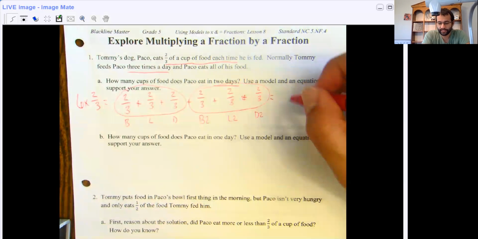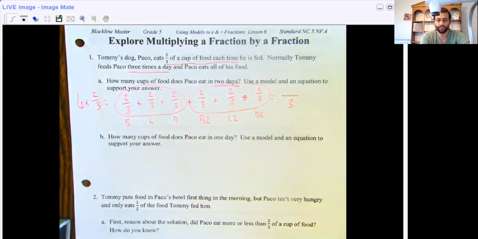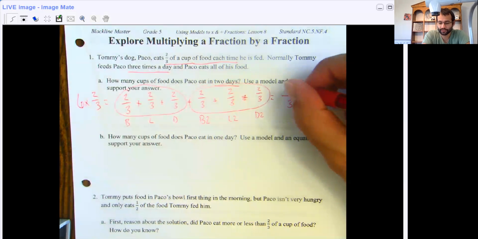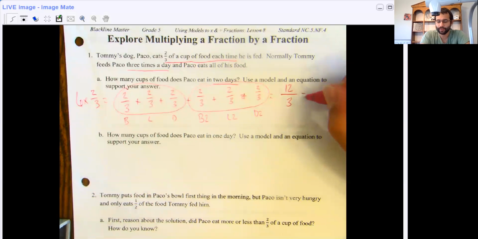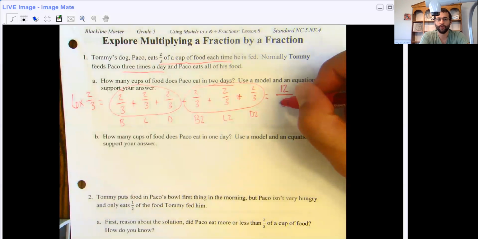Okay, so I'm going to add this up together. The 3's are going to stay on the bottom because 3, 3, 3, 3, 3, and 3. I'm going to add my 2's up. 2 plus 2 plus 2 plus 2 plus 2 plus 2 is 12. 12/3. Now, that's a right answer. That is correct, but it's improper. My bigger number's on top. So let's try to solve my improper fraction by asking myself, how many times can 3 go into 12?